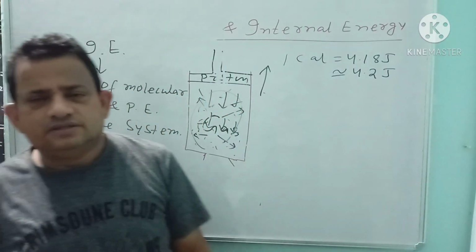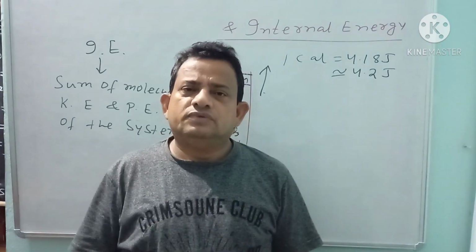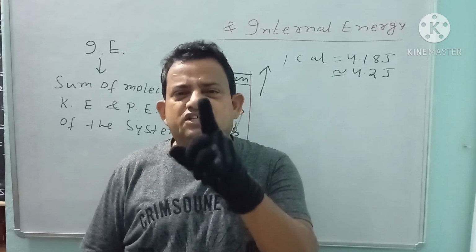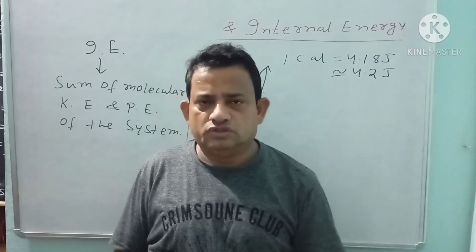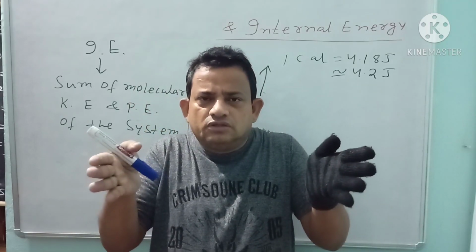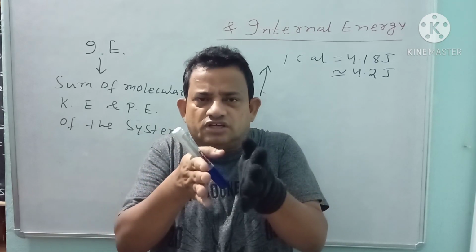Similarly, students, when you stretch a rubber or a wire, work is done against the restoring force. Due to the restoring force, the molecules of the body come back to their original position.